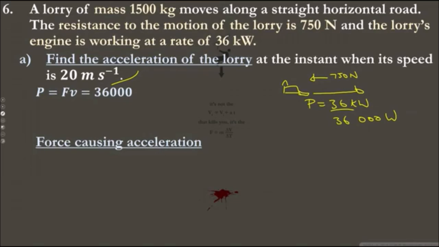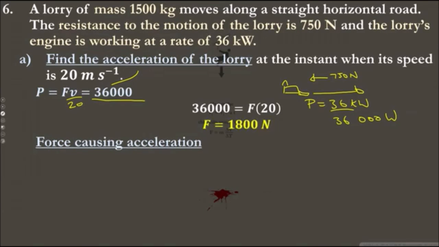So we know that the power is 36,000 watts, and we know that the velocity is 20 at that particular point in time. We can then find what F is. Remember, just substitute your numbers in. There's no harm in substituting the numbers in and then rearranging the equation.